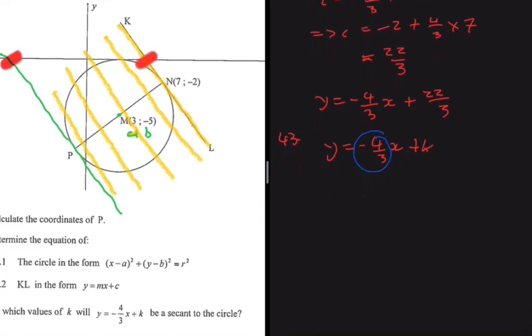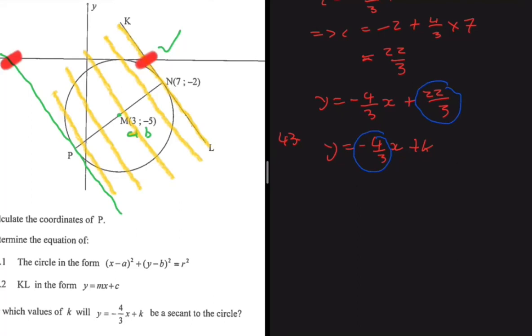So we basically need the upper limit and the lower limit, but we already have this value here, right? Because we know fully well that that value is from the line KL, and that value is 22 divided by 3. So we already know what k should not be greater than. Now we only need what k shouldn't be less than, right?